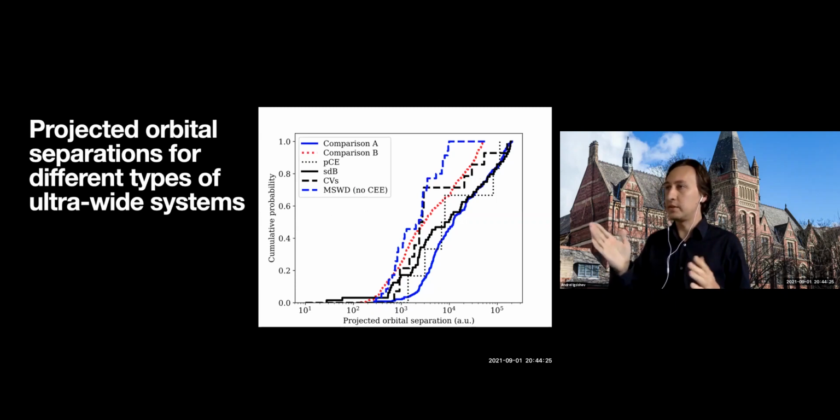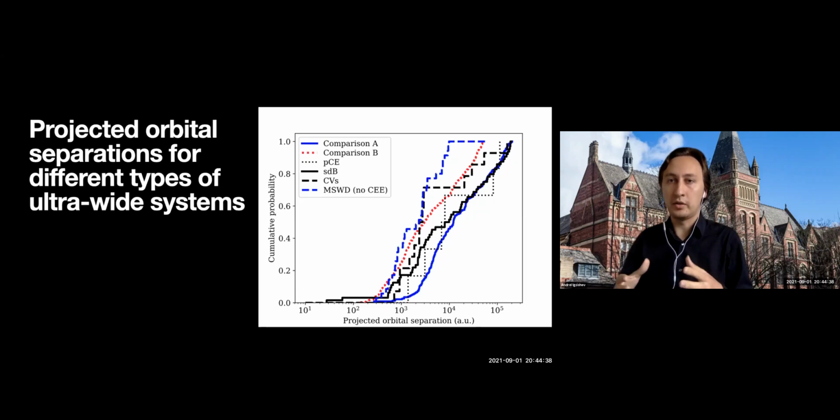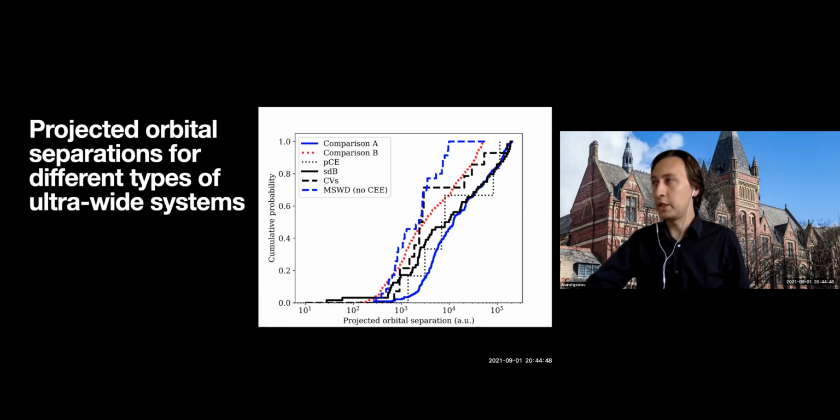Instead, it goes somewhere between these two comparison samples. In reality, this simple comparison is not completely justified because some evolution happened, some mass loss happened, which did not occur in our comparison sample. So the number of stars in the comparison sample is larger.